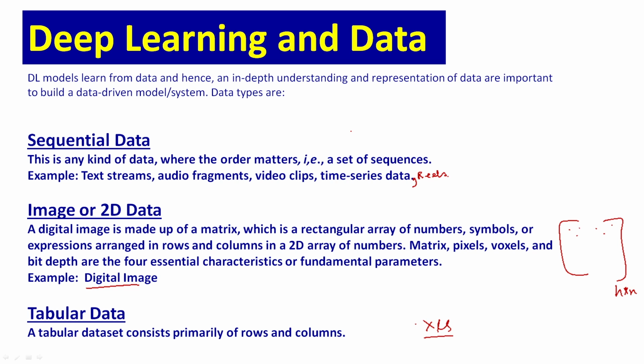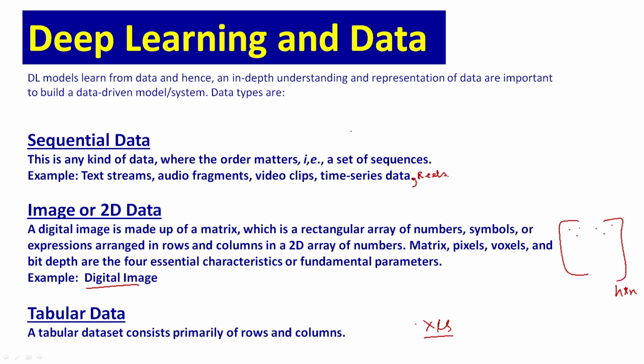Sequential data will be in order, like a text stream coming in. When you type something on your social media or on different kinds of platforms, you could see that if I type I, automatically the next word comes into the picture. Even a whole sentence will be built, and you can decide whether it is correct or not.